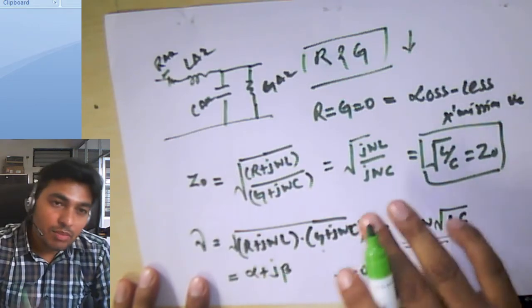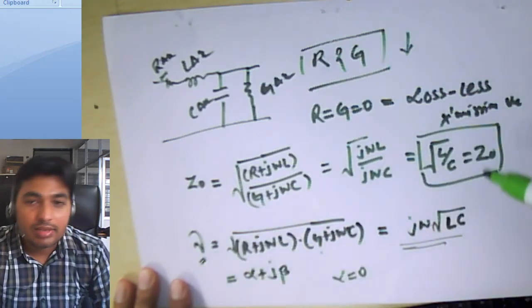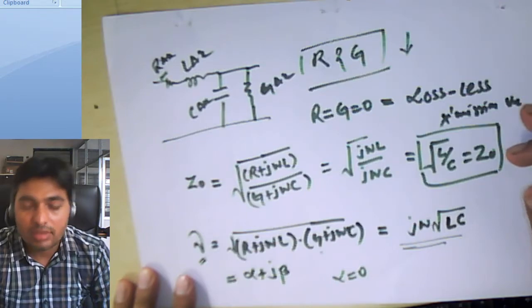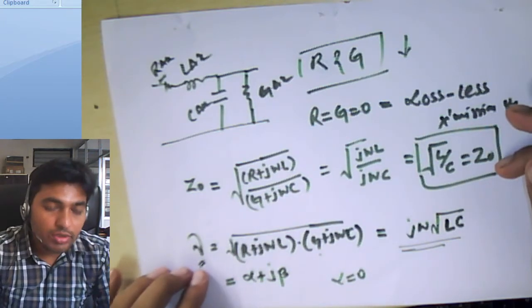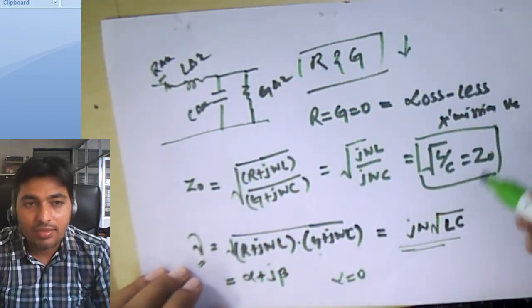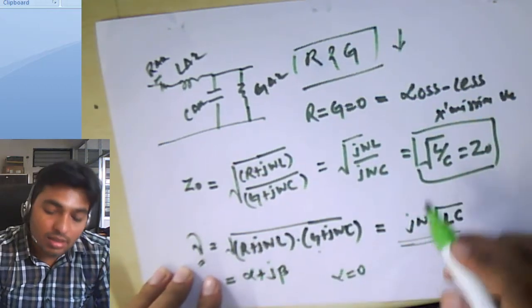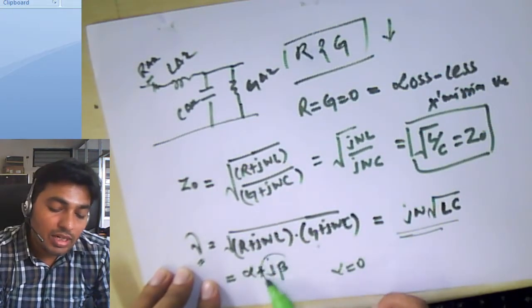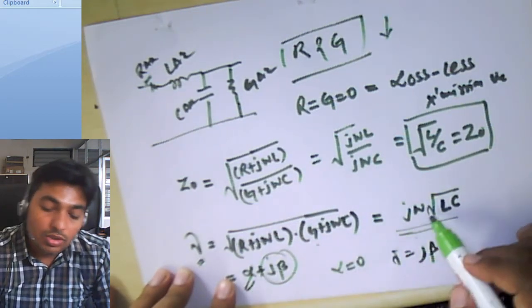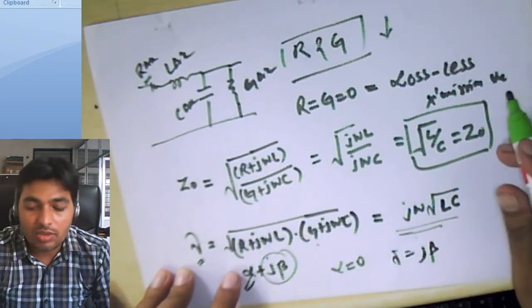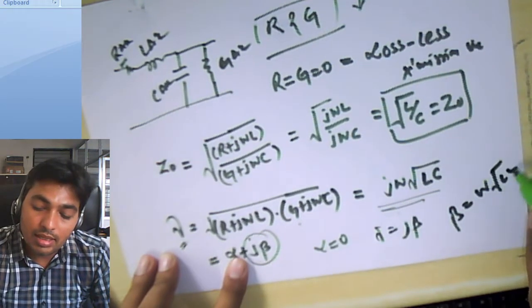Prior to this, wherever we had the voltage and current equations with a gamma, we will now do all the analysis for the lossless line in the next few lectures. So we will replace gamma with jω under root LC, or simply with jβ, because alpha is zero, so gamma is only equal to jβ. Comparing jβ with jω under root LC, we get β equal to ω under root LC.